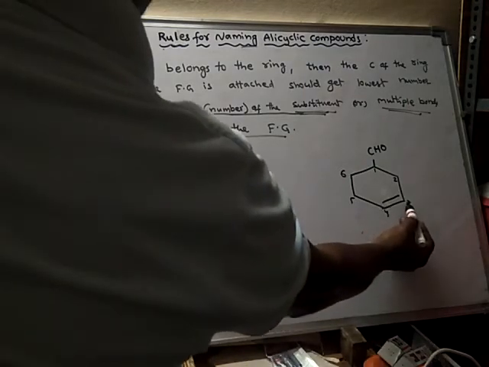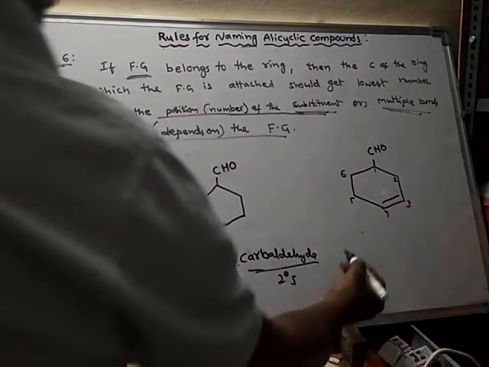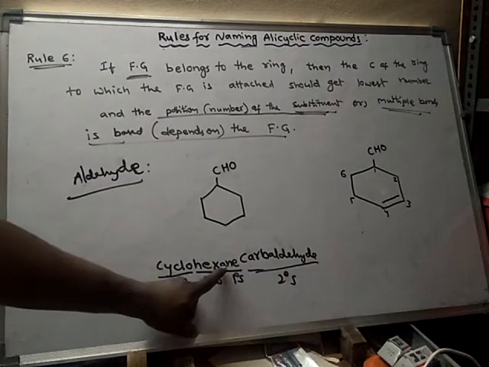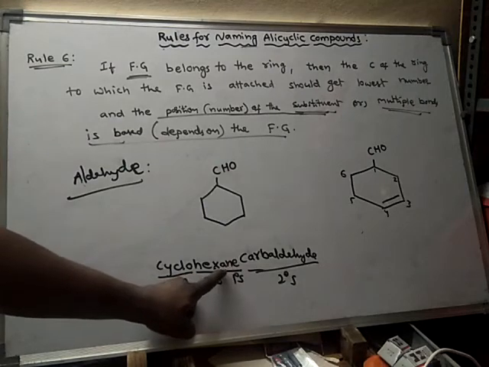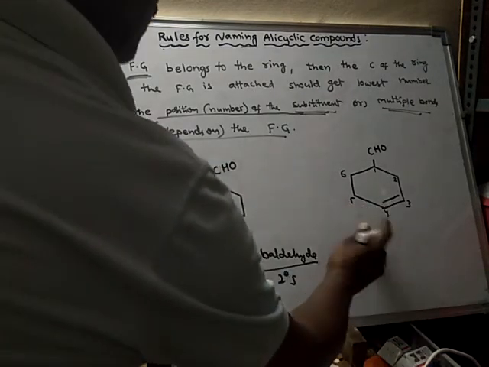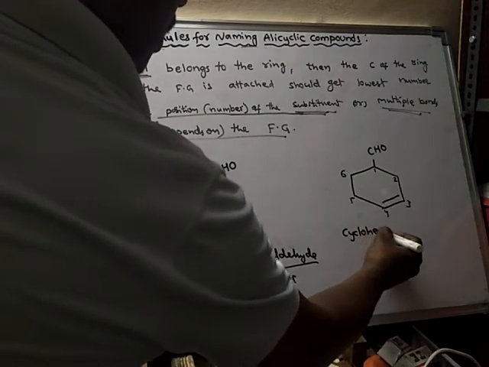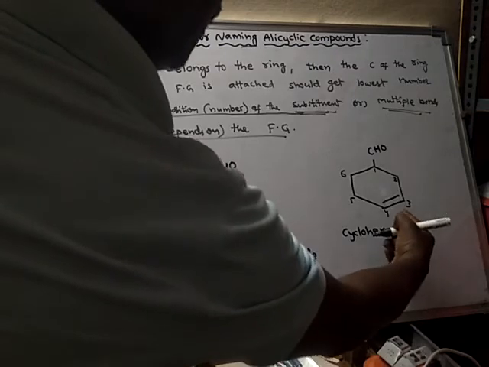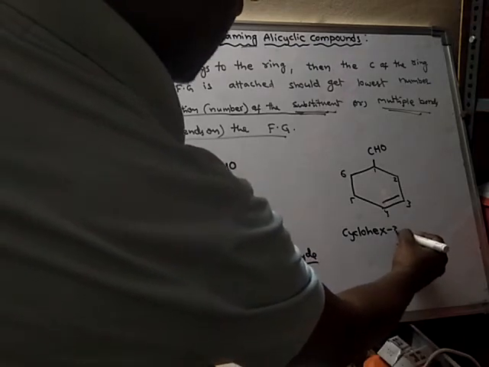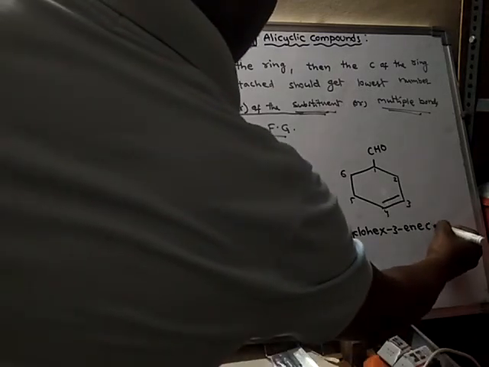But on the third carbon ene is present. So now the name will be like this. Instead of ane, here we have to write ene. Cyclohexene, where that ene is present on the third carbon. So cyclohexene carbaldehyde.